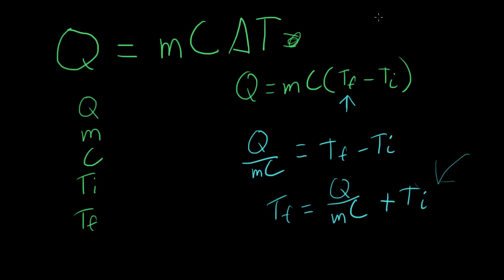This is just for one object that changed in temperature. We can figure this stuff out. Next time we're going to go to 2 objects of different masses with different specific heats that have some heat transfer, and we'll talk about temperatures and stuff. So that's what you have to look forward to, some sort of unpleasant algebra, everybody's favorite.